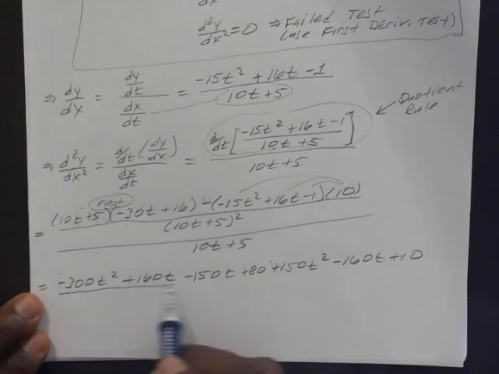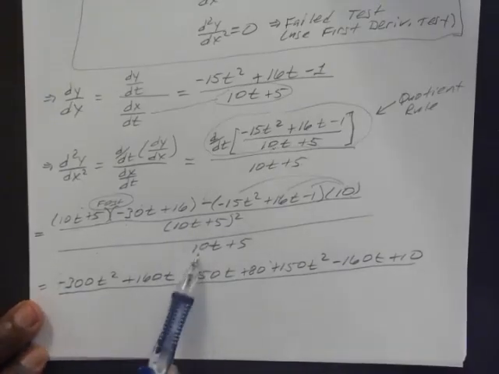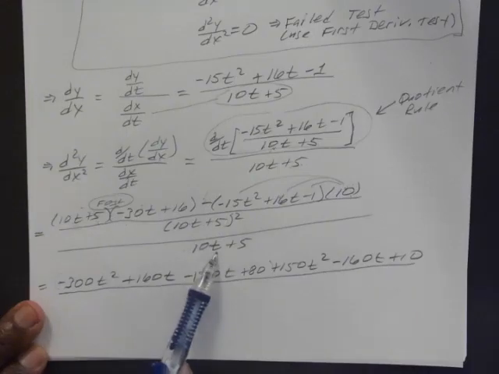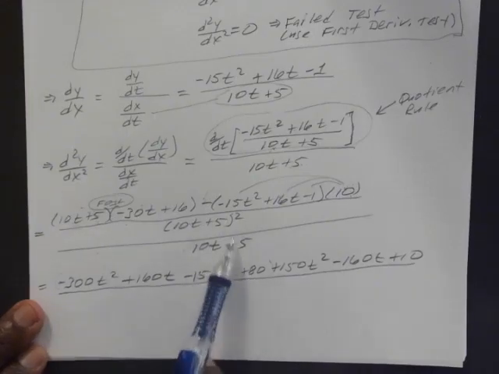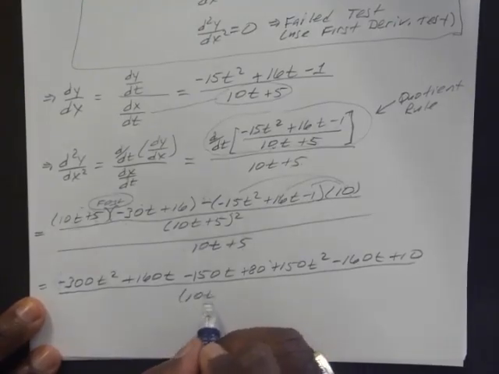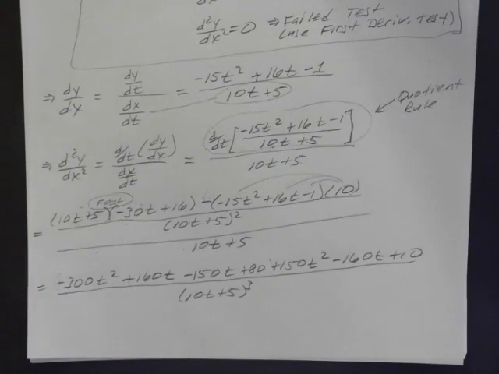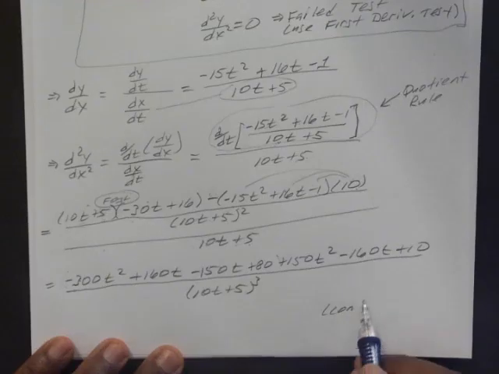Divided by, we have 10t plus 5 squared, divided by the 10t plus 5. We can combine these two denominators like we did before. Make it 10t plus 5 to the third power. And we'll finish on the next page.